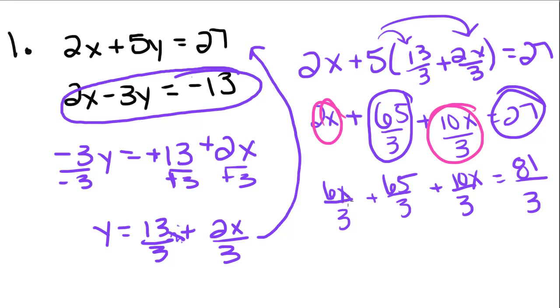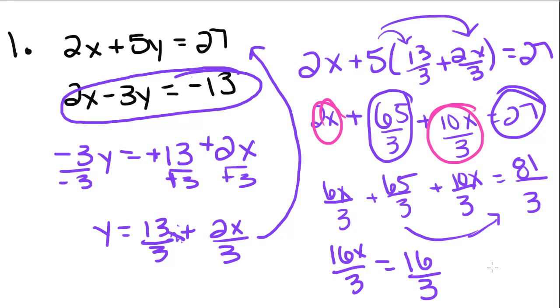So now I'm going to combine my like terms, so I'm going to add my 6x over 3 plus 10x over 3, and get 16x over 3, and I'm going to subtract this side over, so 81 minus 65 gives me 16 over 3.